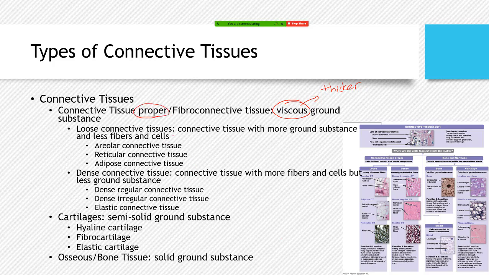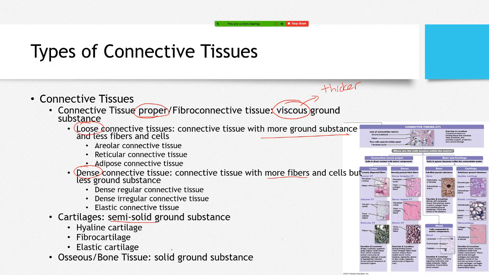And there are two types of connective tissue proper: a loose kind and a dense kind. The loose kind means that there is more ground substance than there are fibers and cells. The dense one is going to be densely covered with more fibers and cells, but less ground substance. When we look at cartilages, we have a semi-solid ground substance, even thicker than connective tissue proper.